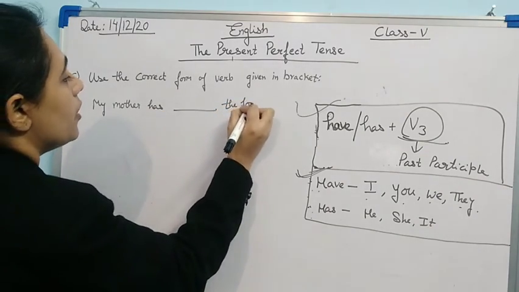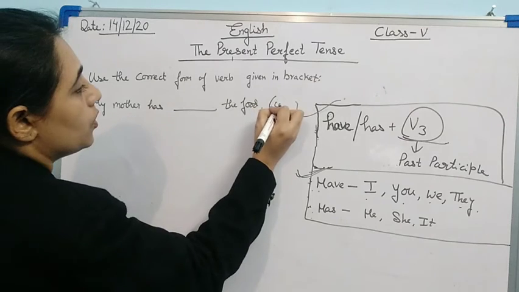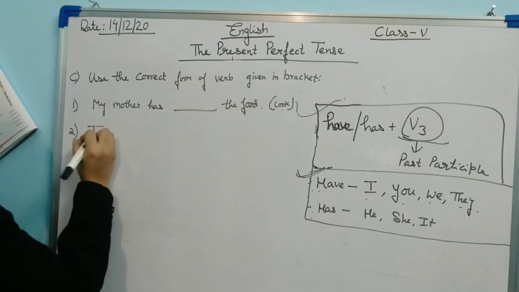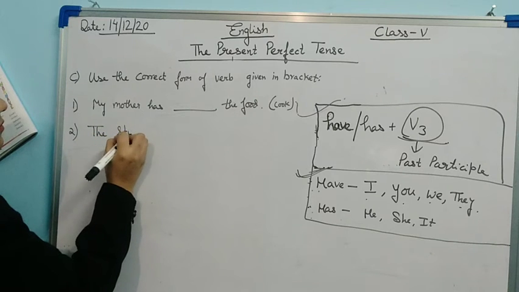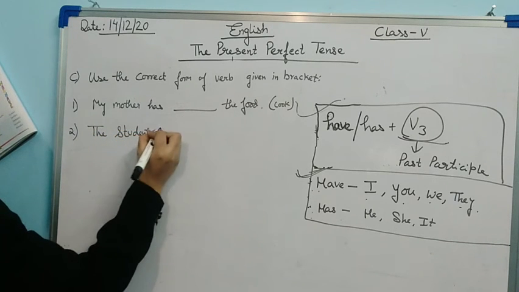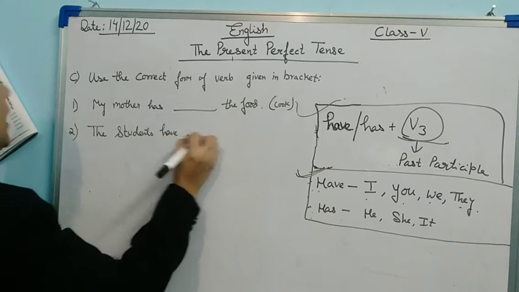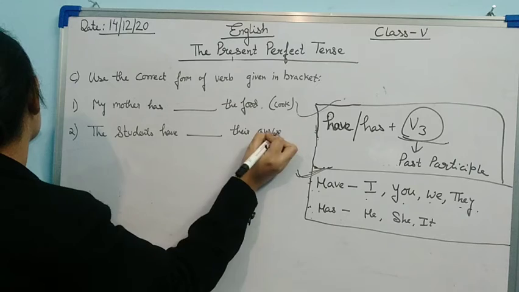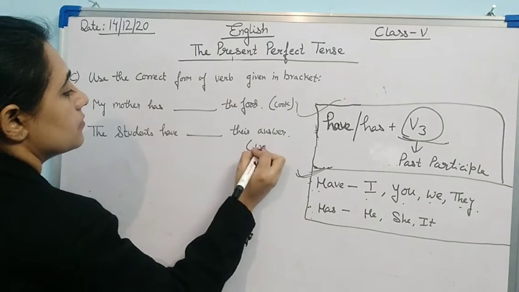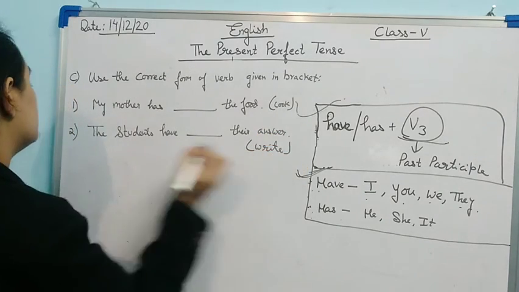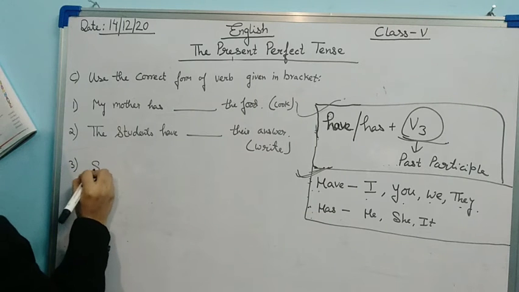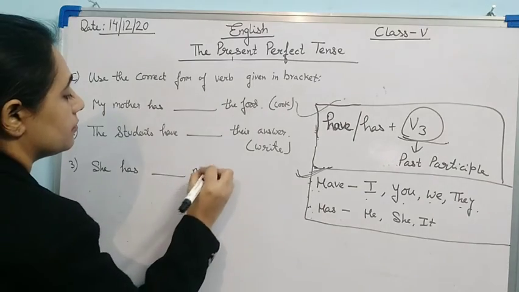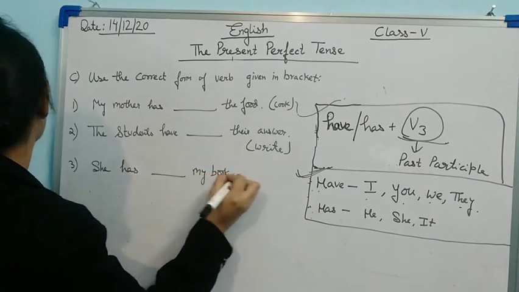Now what is the verb given here? Cook. Now let's see the next sentence. The students have dash their answer. Now third one, she has dash my book. Return.